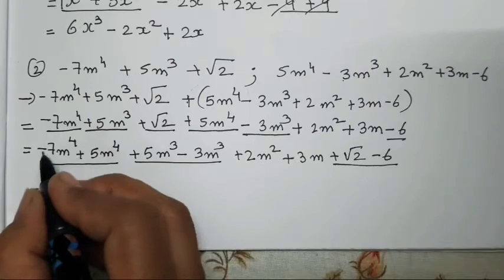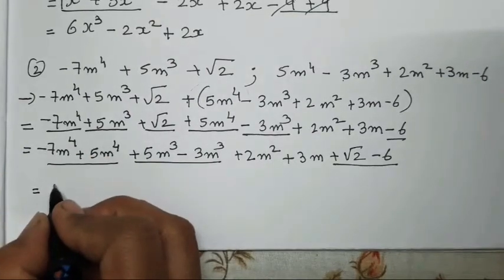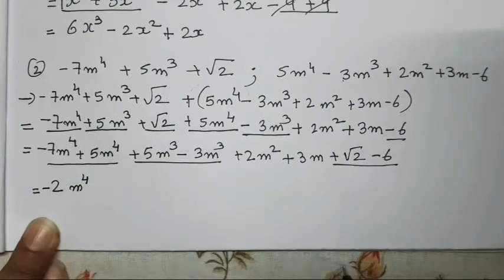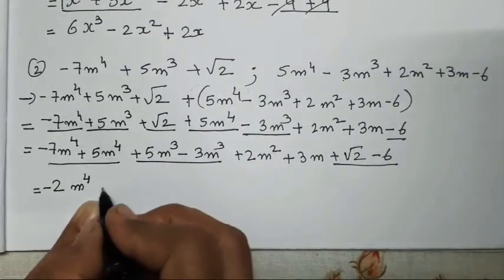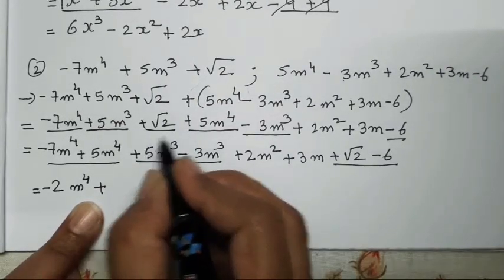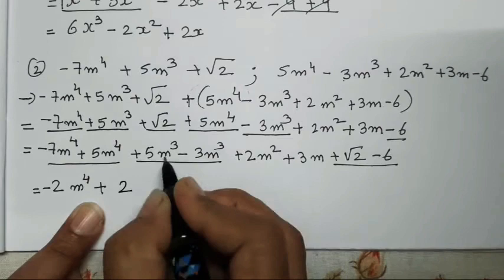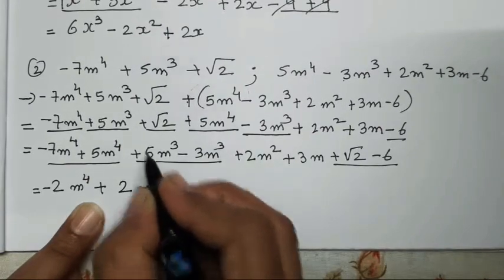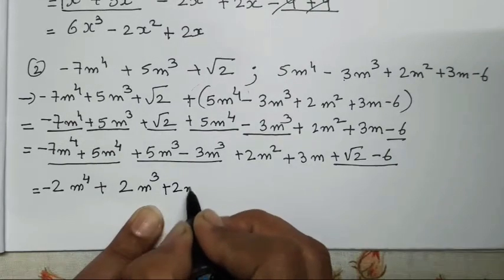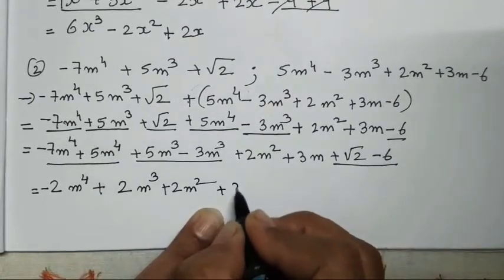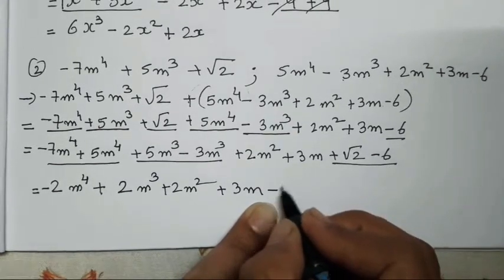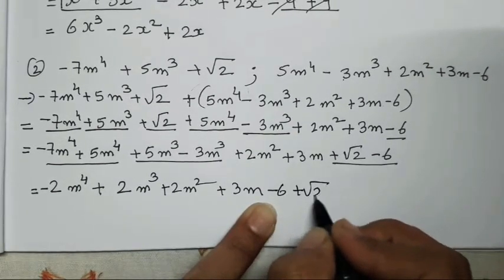Now plus and minus is minus, so 7 minus 5 is going to be 2m4, sign of the bigger number. Got it? Do it step by step as I am doing it, children. 5 plus and minus is minus, so 5 minus 3 is again going to be 2m cube, plus sign of the bigger number. This will remain as it is. This will also remain as it is. Now this we need to solve. So first we will write minus 6 plus root 2 because we cannot solve it.